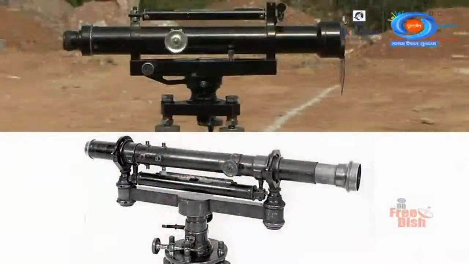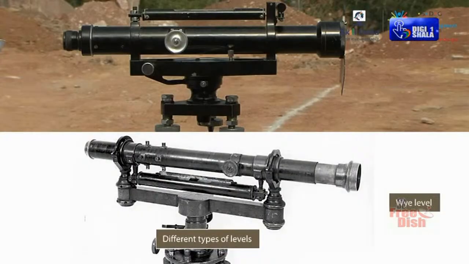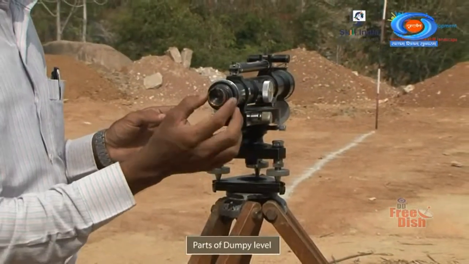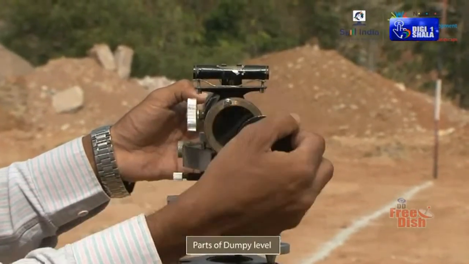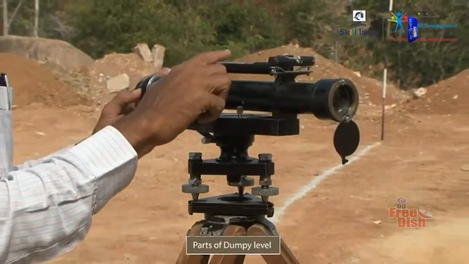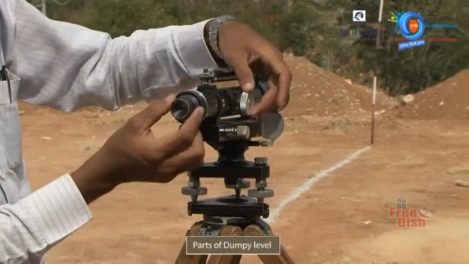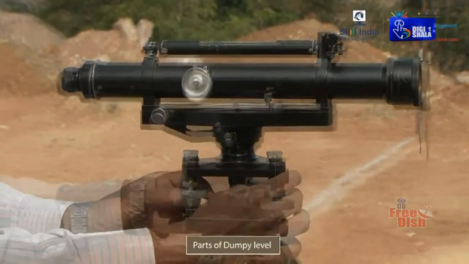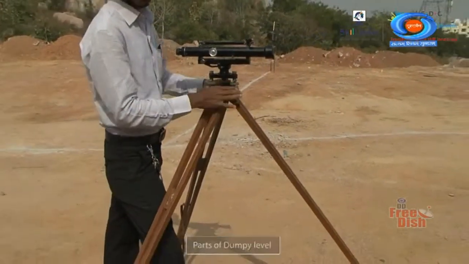We can see these parts in the different types of levels, that is, dumpy level and Y level. The dumpy level is an optical instrument consisting of the following parts: telescope, eyepiece, objective, longitudinal and transverse bubble tubes, focusing screw, foot screws, leveling head, and screws for adjusting the bubble tube and the diaphragm.